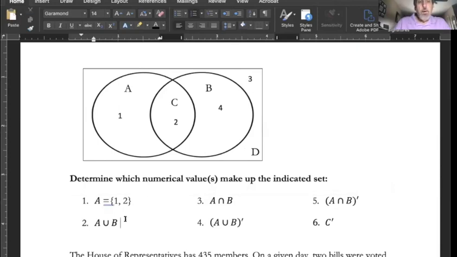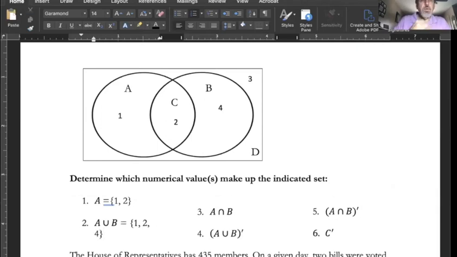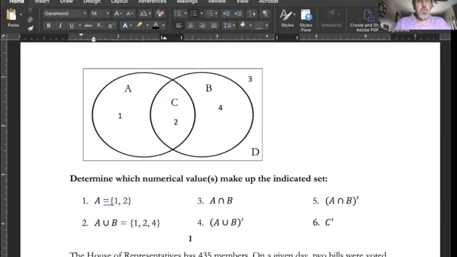So if I ask you to identify A union B, that would be all the stuff that's in A or in B. All right, so clearly the numbers that are in A or B are 1, 2, and 4. I'm a little bit hoarse. Hope you can deal with that. There we go. All right.